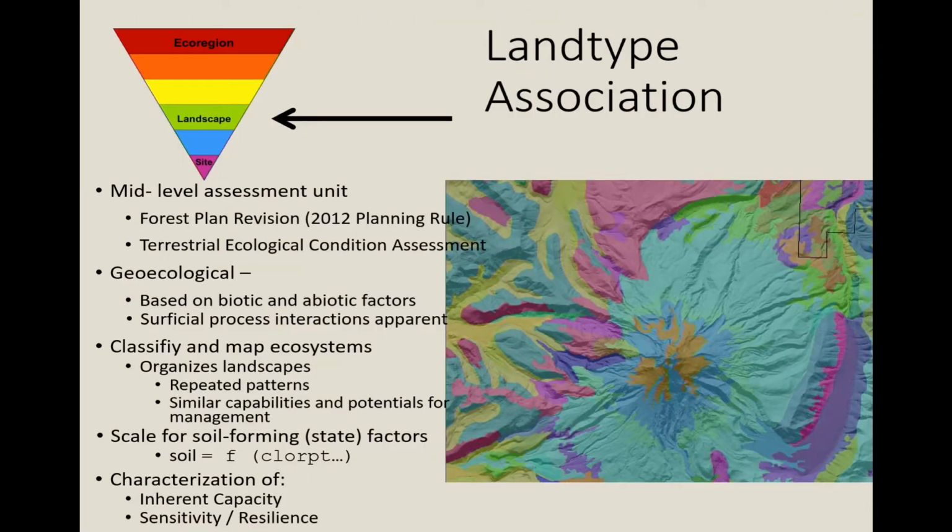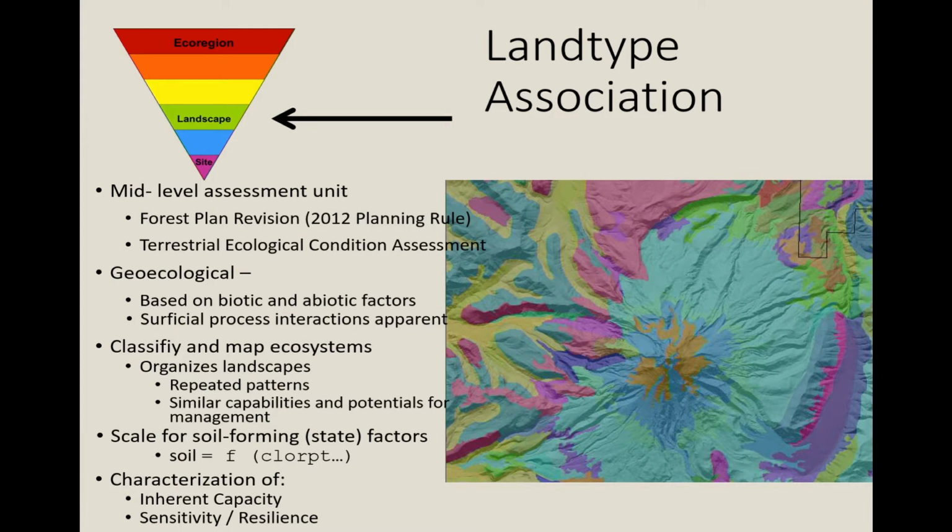So to fill this gap, we developed land type association mapping. This project brought ecoregional mapping that's already been compiled and published into a more refined level. Upcoming forest plans and also the terrestrial ecological unit assessment both use land type associations as their analytical scale.